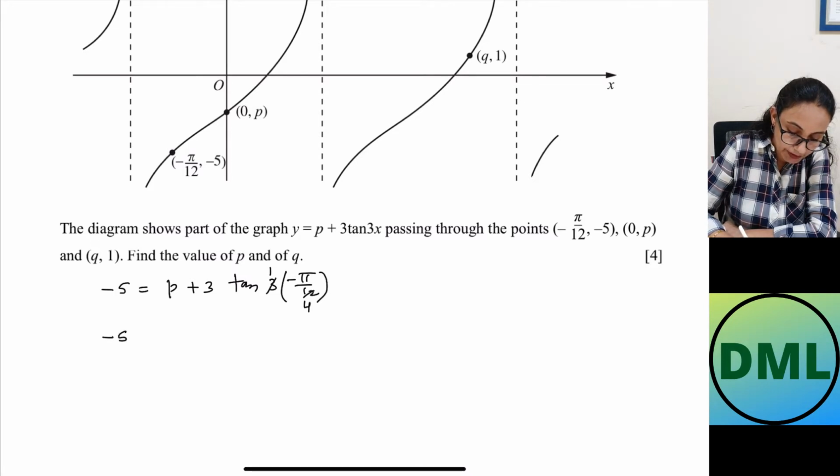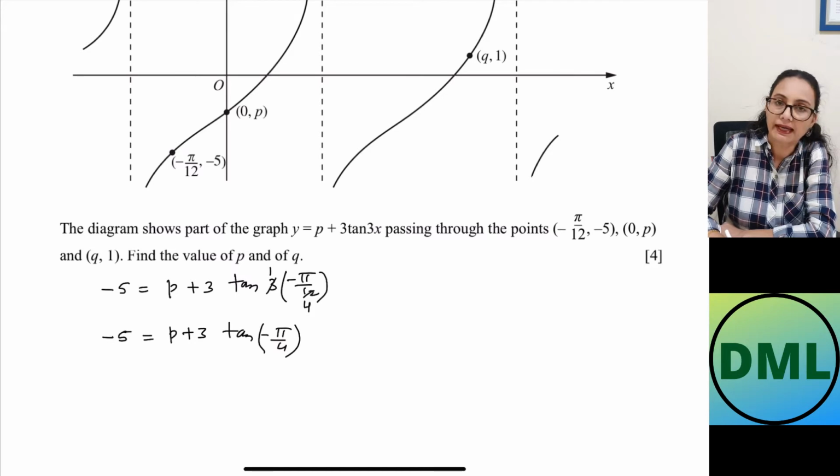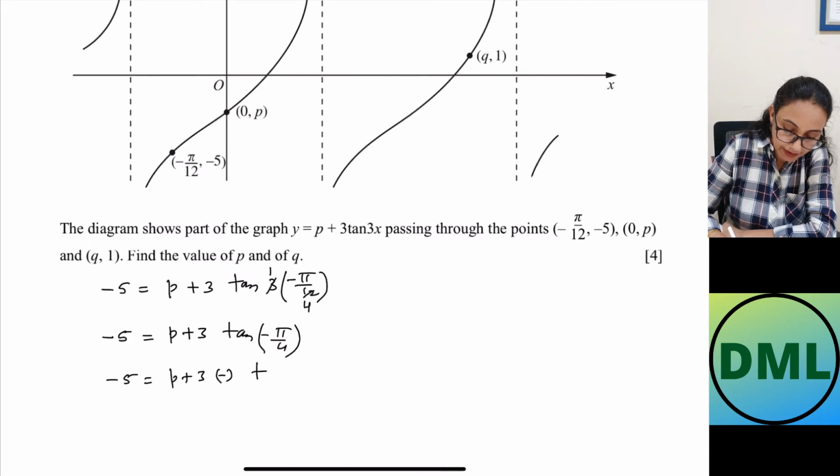So it will be written as minus 5 is equal to p plus 3 tan minus pi by 4. Tan minus theta is minus tan theta, so p plus 3 times negative tan pi by 4. So this will be written as minus 5 is equal to p minus 3 tan pi by 4.